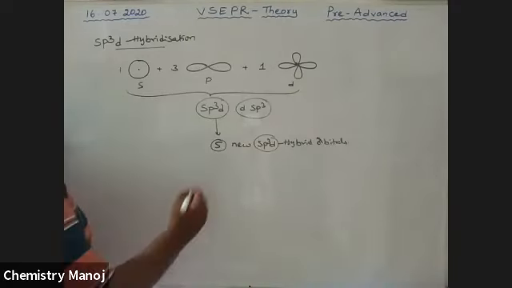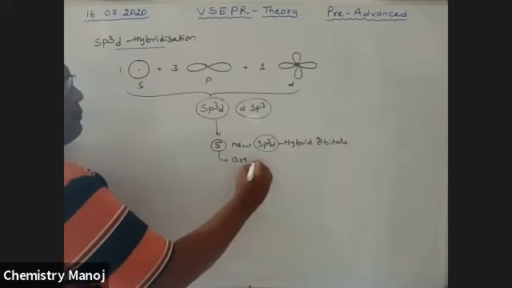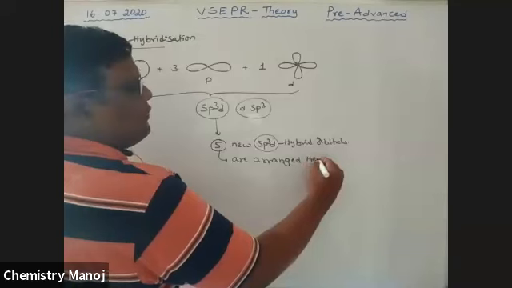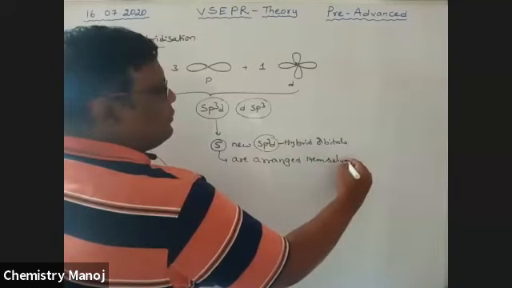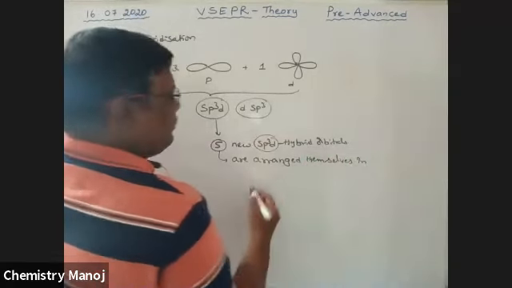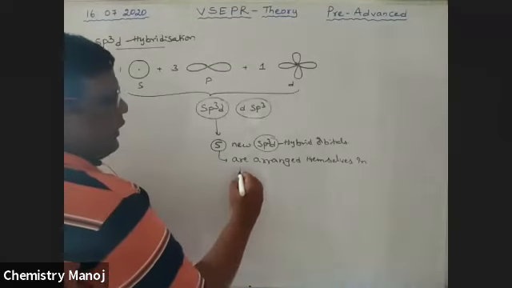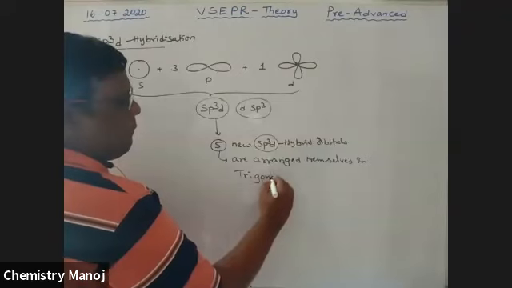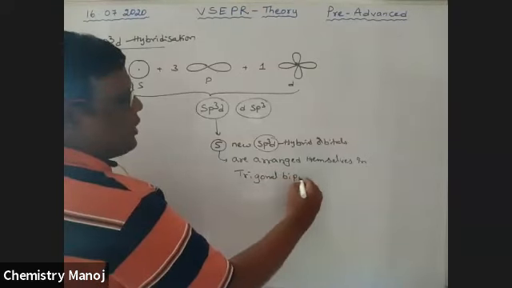These 5 orbitals arrange themselves in a trigonal bipyramidal shape.